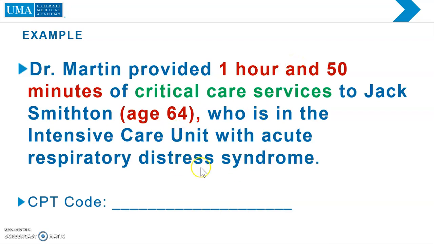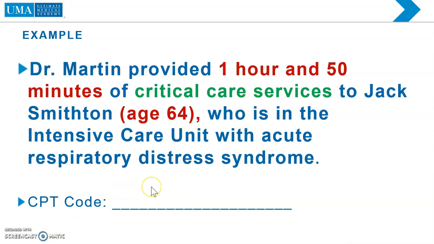So when you're reading these questions, you might get confused. Okay, this person is in the intensive care unit, but intensive care unit has its own code, which you will see. But right now, when they say given critical care services, that is exactly what you will code, no matter where the patient is, either in the emergency room or in the intensive care unit.